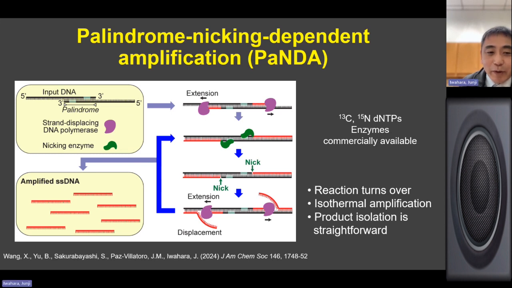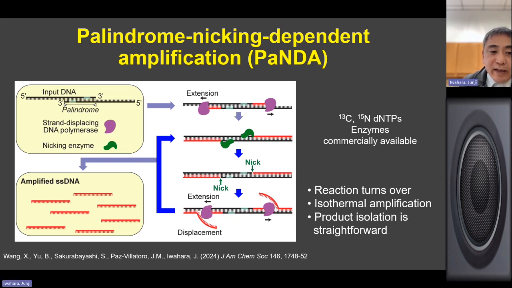One of them is what we call input DNA. This DNA has basically 2 components. One is a palindromic sequence that forms a homodimer or maybe a hairpin. And the other part is the template for the polymerase. This input DNA forms this kind of duplex at the palindromic region.